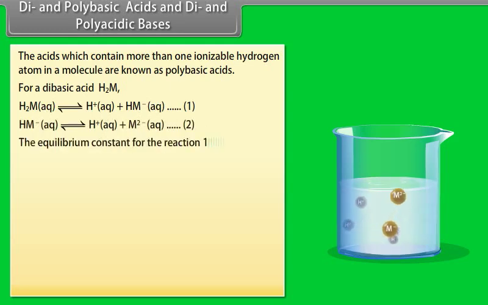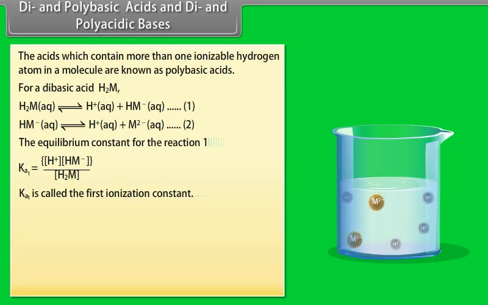The equilibrium constant for reaction 1, Ka1 is equal to H plus into HM minus by H2M. Ka1 is called the first ionization constant.